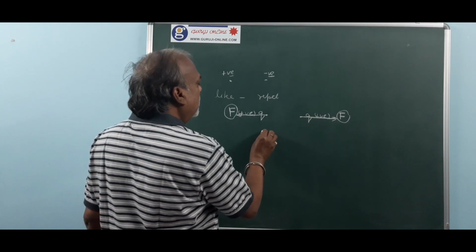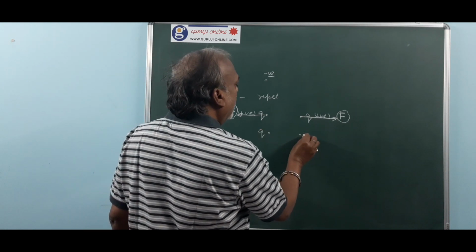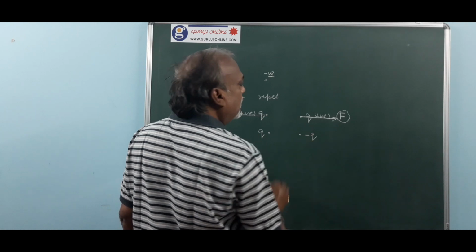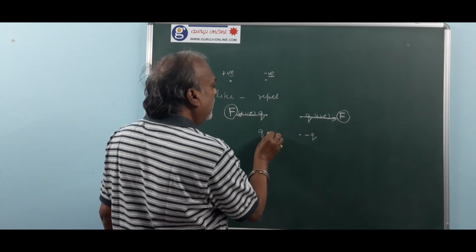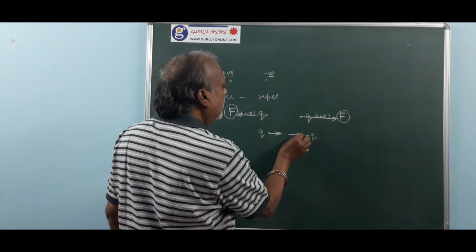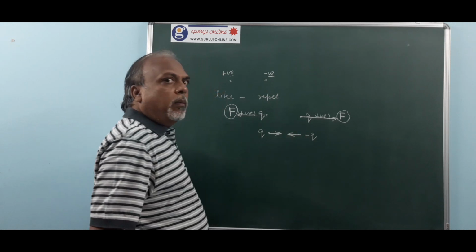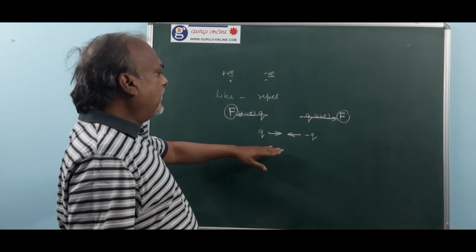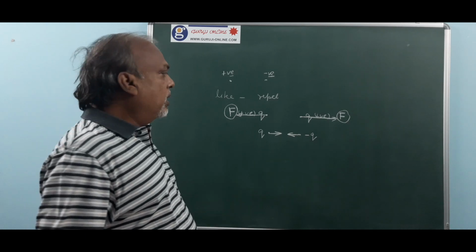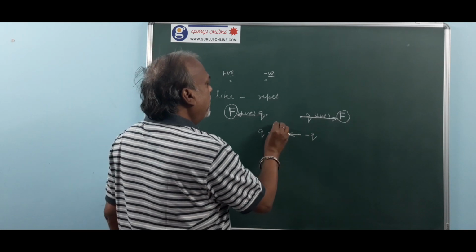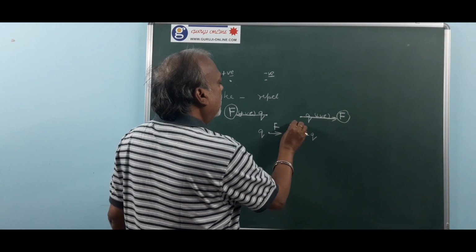Suppose you have unlike charges, then there will be an attraction between them. And if you leave them apart like this, they will join together. So between these two also, we have a force.